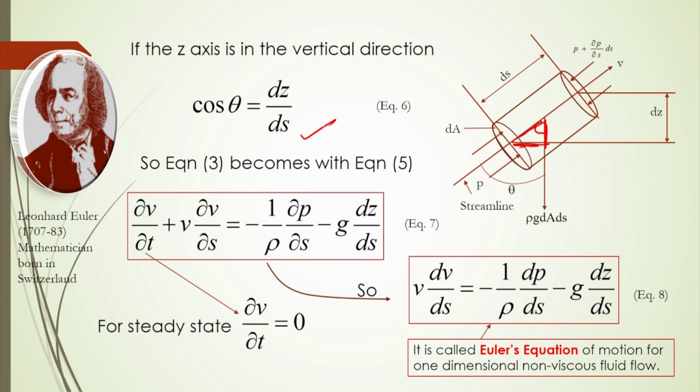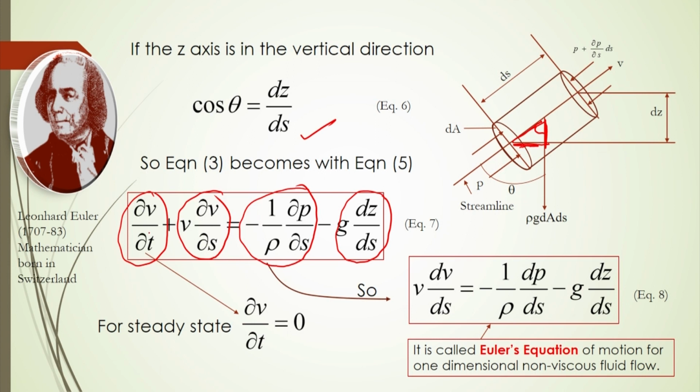So, equation number 3 with equation number 5 becomes dou V by dou t plus V dou V by dou S equal to minus 1 by rho dou P by dou S minus g into dz by ds. So, this is your simplified equation.